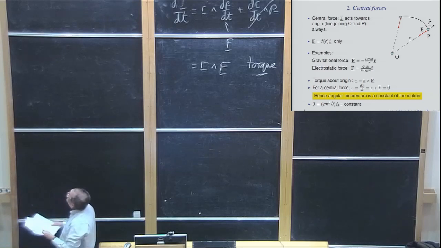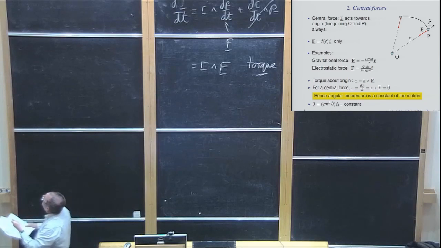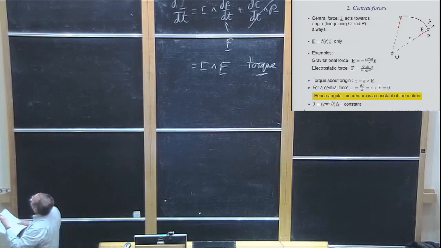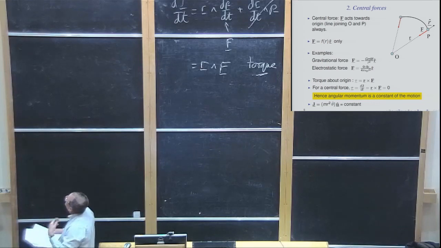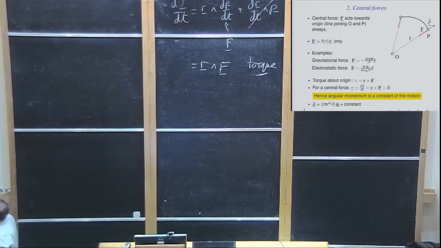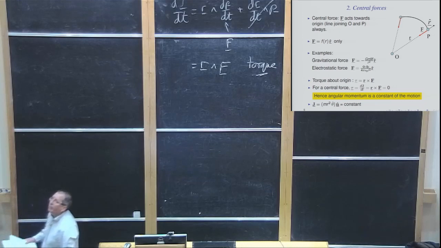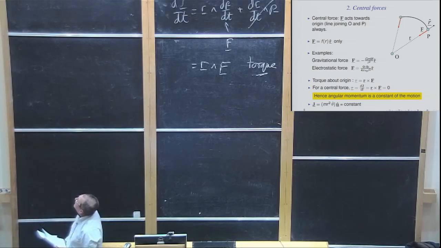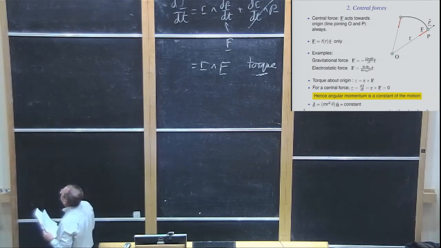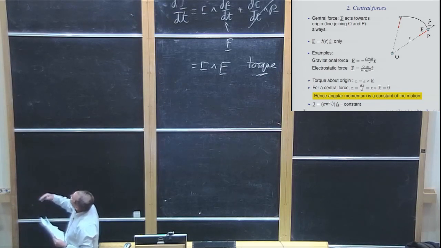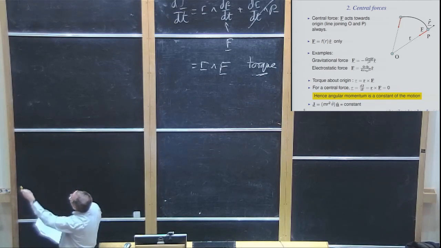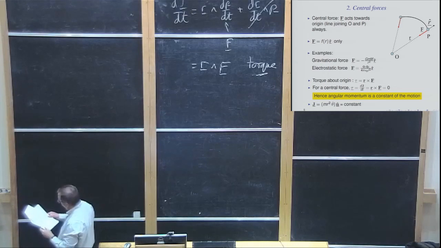If that is the case, because torque is equal to the rate of change of angular momentum, then the rate of change of angular momentum is 0. So we have this very, very important consequence that for a central force, the angular momentum will be a constant of motion. That is something you've known for a long time, but this is the argument from which it flows.